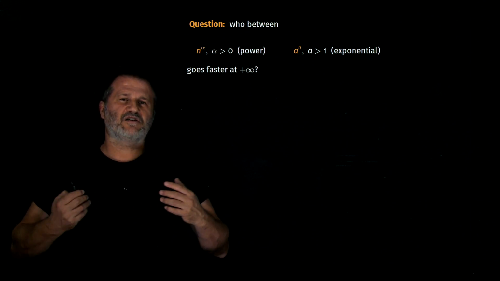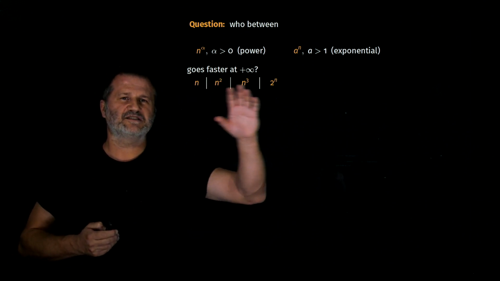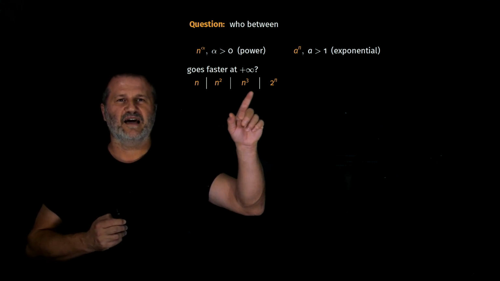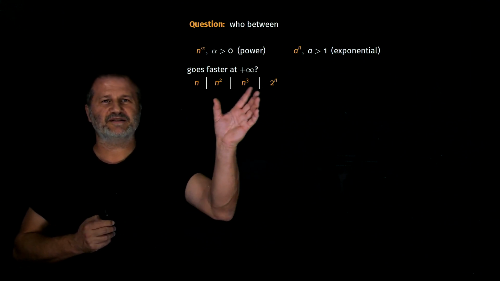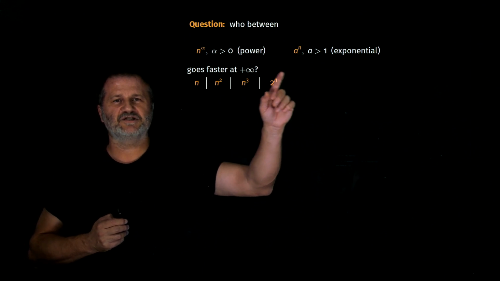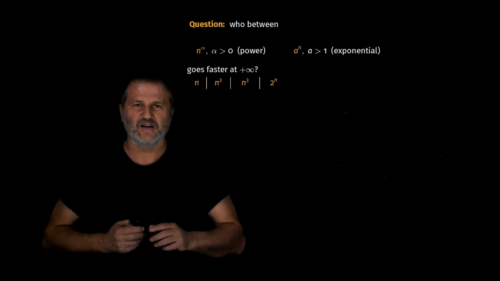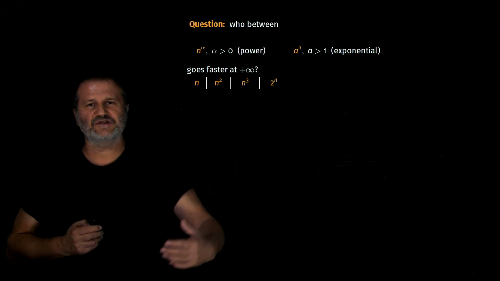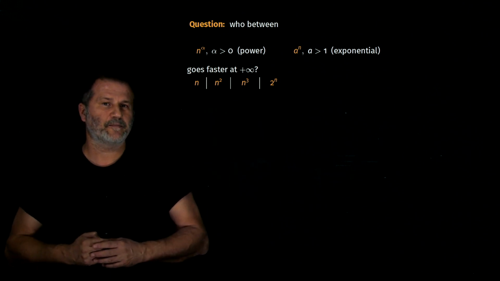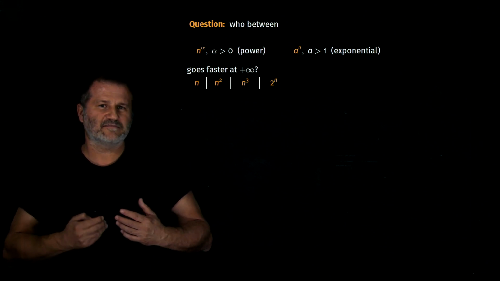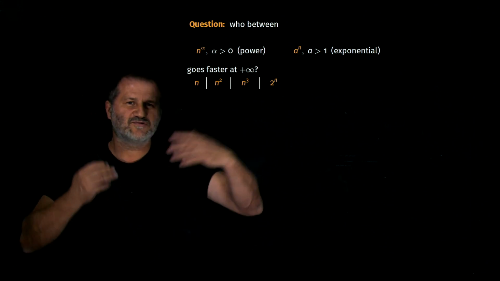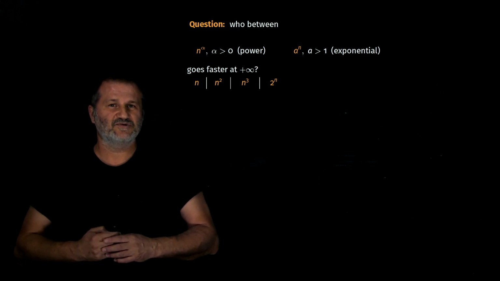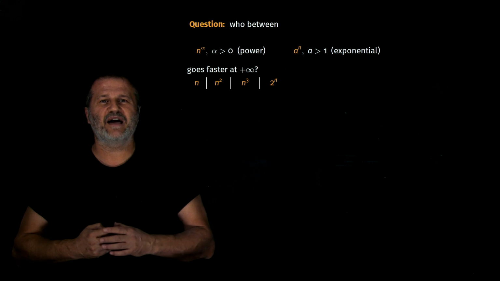We will do a sort of race between these four quantities. Here we have n, n squared, n cubed, which are three powers, versus an exponential, 2 to the power n. What we will do is compute these four quantities for the first 10 values of n. This will allow us to make a certain number of remarks and to guess what could happen for n big.